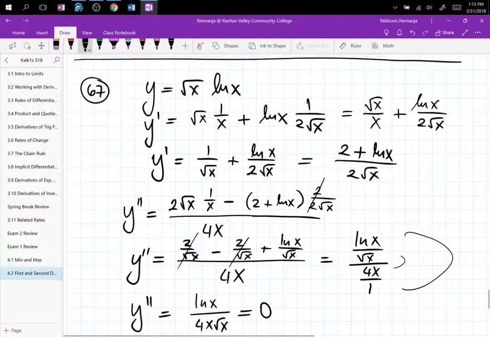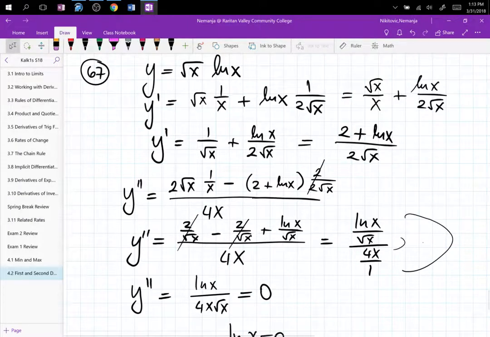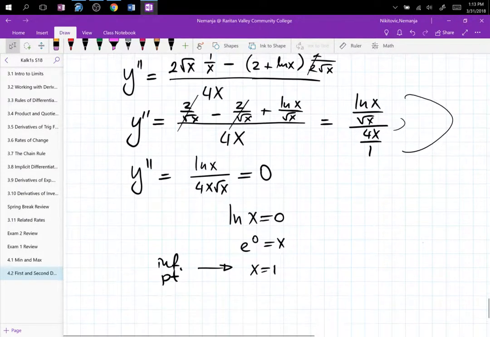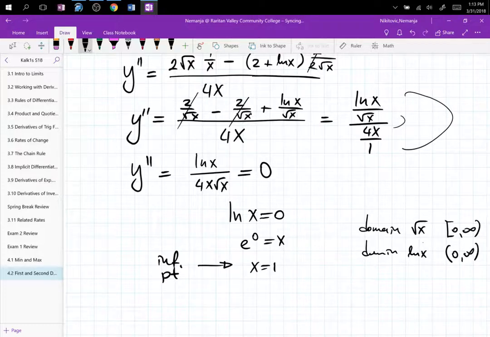Now we go back and take a look at our problem to see other restrictions in a domain. So what is the domain of square root of x? And the answer is 0 to infinity. And what is the domain of ln x? It's 0 to infinity, but open interval.